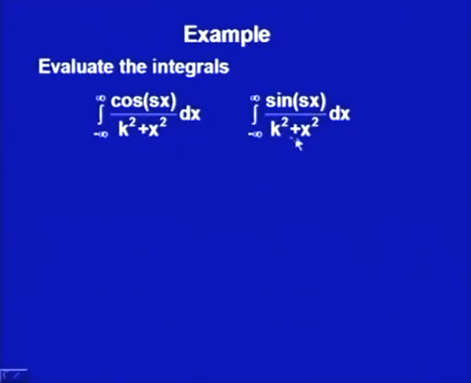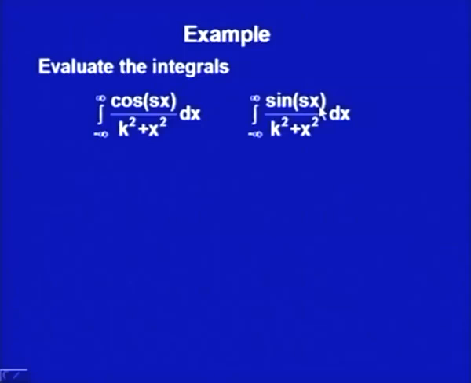In both the integrals we find certain similarities. The denominator for both is the same, k square plus x square, while the numerator changes only in that the numerator of the first integral is cos s x and the numerator of the second integral is sin s x.